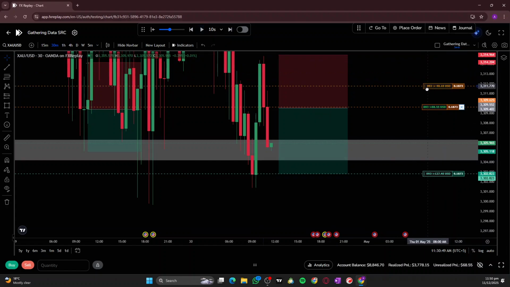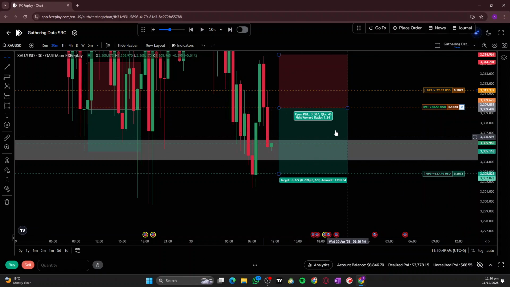Okay, so at this point I can just trail my stop loss over here, and let's just wait for this TP to get hit. Can't do anything now.